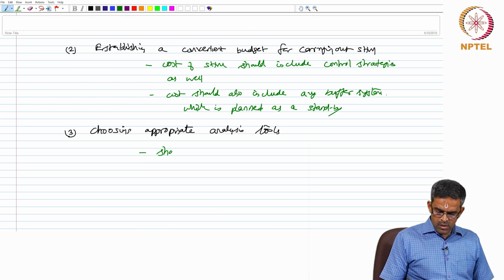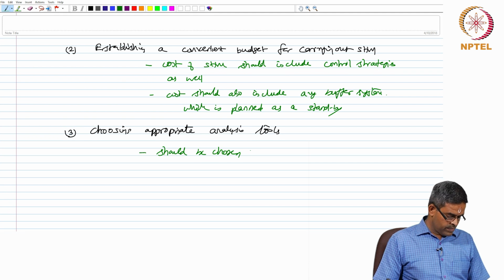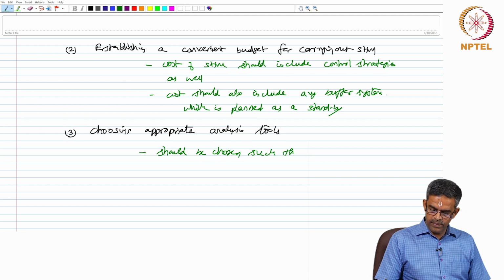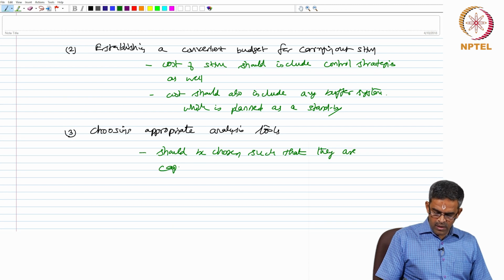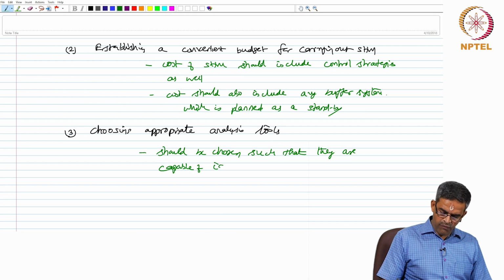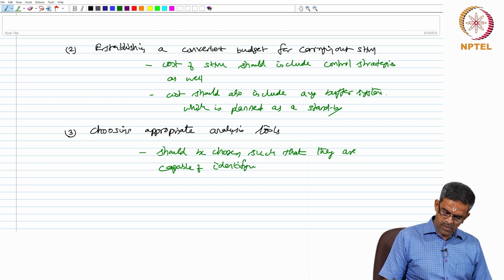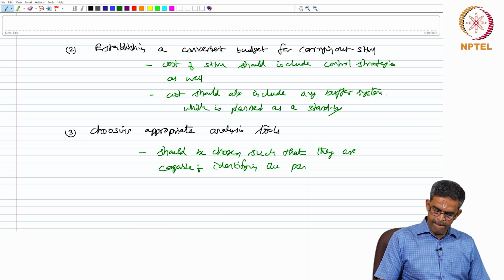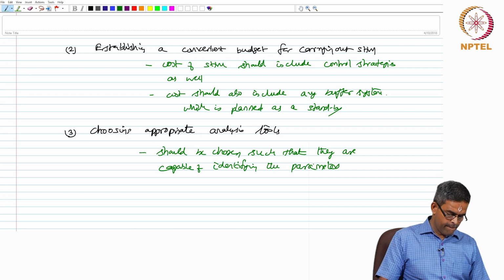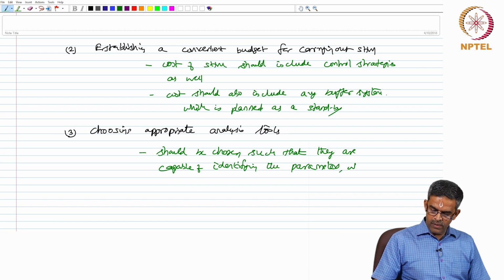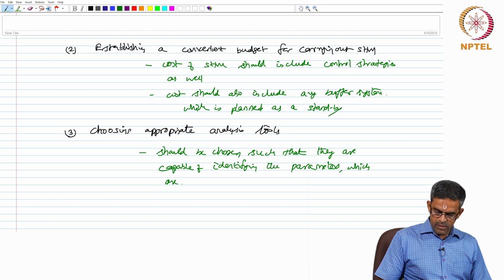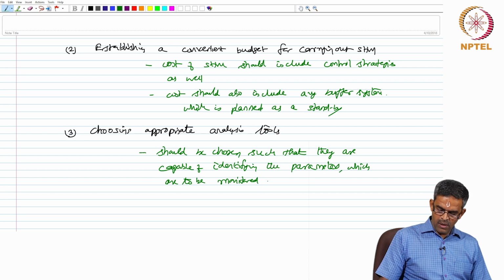Analysis tools should be chosen such that they are capable of identifying the parameters which are to be monitored or which are to be computed.